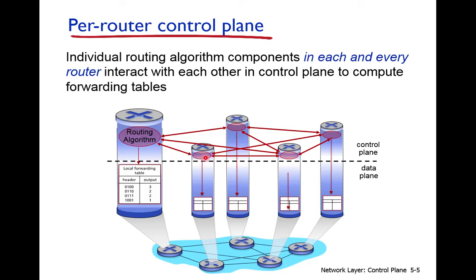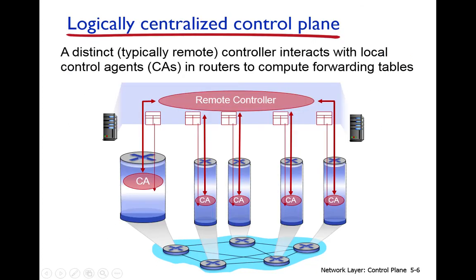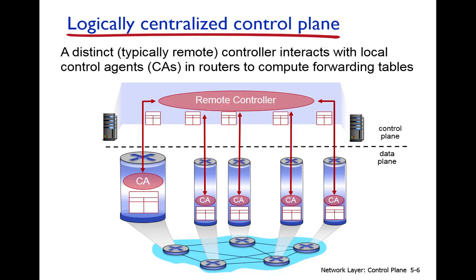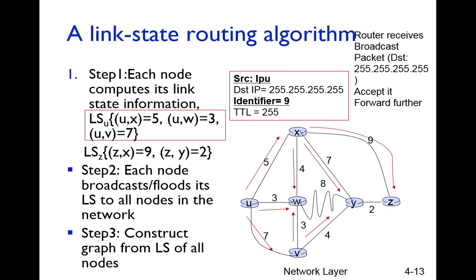So when this router decides a route, it doesn't know whether that router has selected that route or not. This is the distributed nature. But in SDN, there is a single controller that decides the route for each and every one. Let me explain it again.